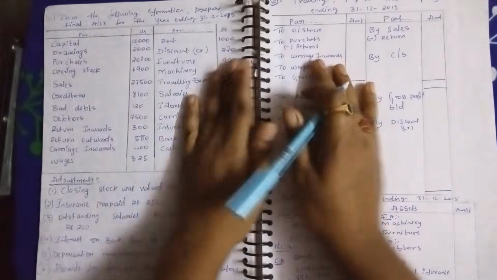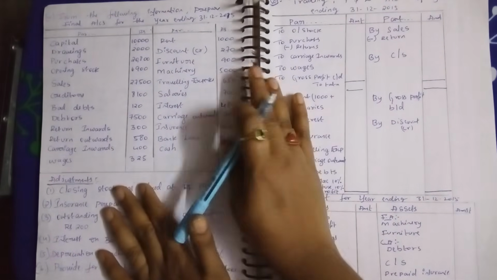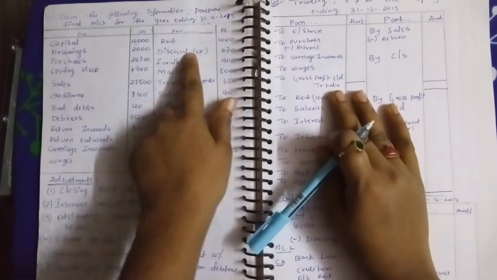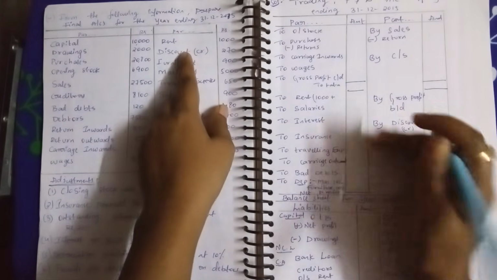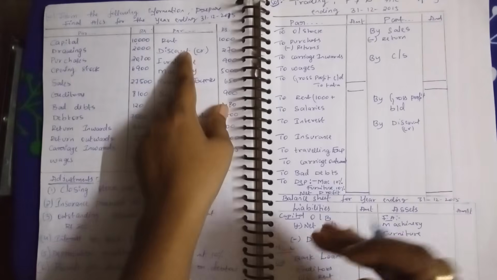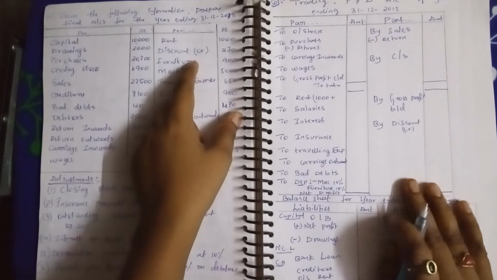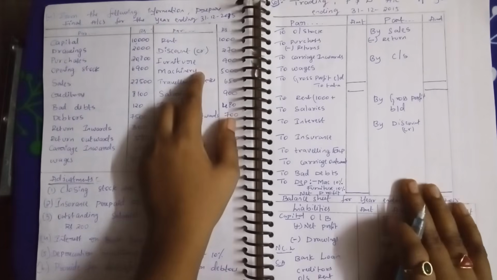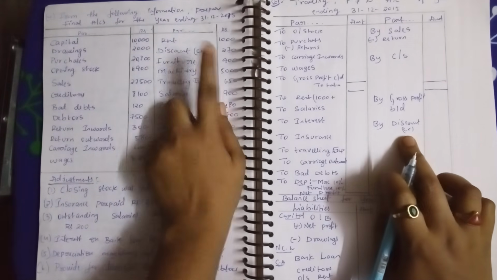Seeing the problem, our primary job is first to mention discount credit, and we are going to write this entry in the profit and loss account, right? In the profit and loss account, which side? Here on the credit side.